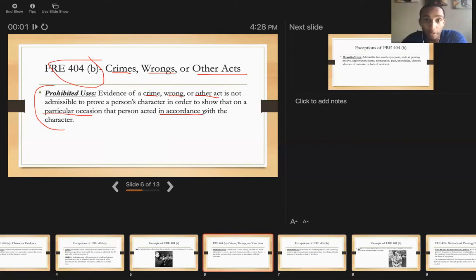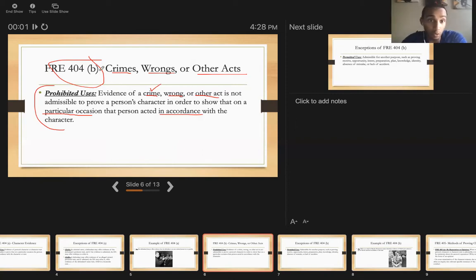So that just means that the prosecution can't offer evidence that the defendant committed a robbery in the past, to say that because the defendant committed a robbery in the past, the defendant is, of course, going to commit another robbery. The prosecution cannot do that.